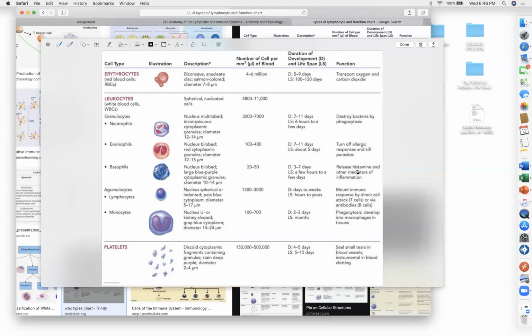And basophil, if there's massive amounts of histamine, which increases generalized inflammation, right? So if there's a generalized inflammation response, I'm going to see a lot of basophils, right? And of course, lymphocytes, which is B and T cells.